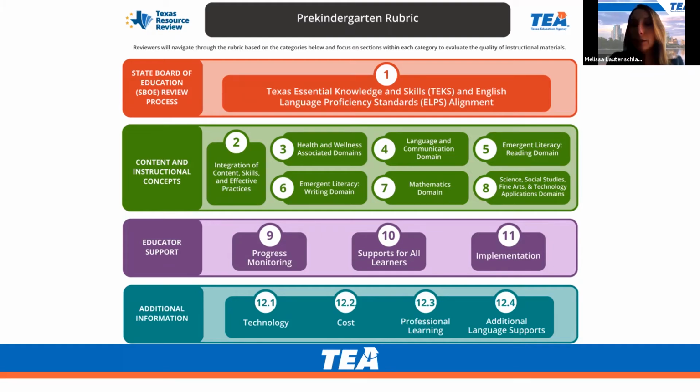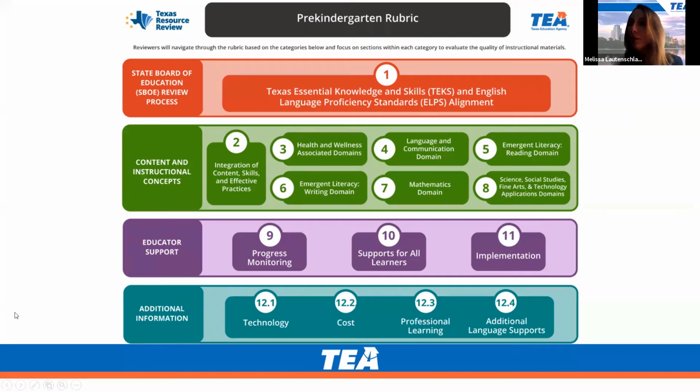You can see that the domains are represented within sections 3 through 8. When we get into the rubric, the details within the indicators really help us understand what you're looking for and what is important for the instruction for these different domains.